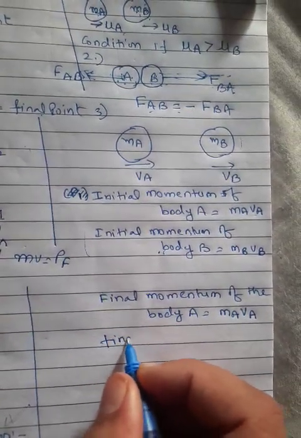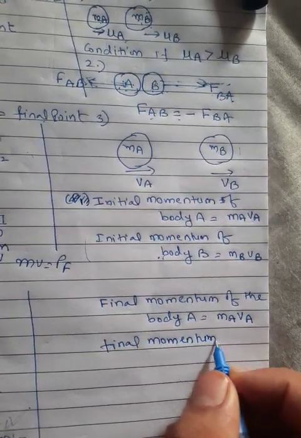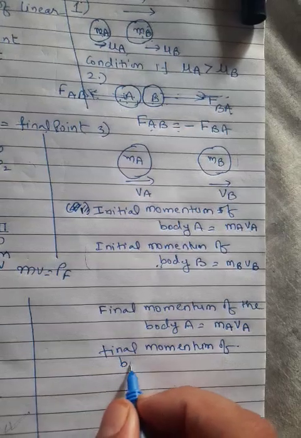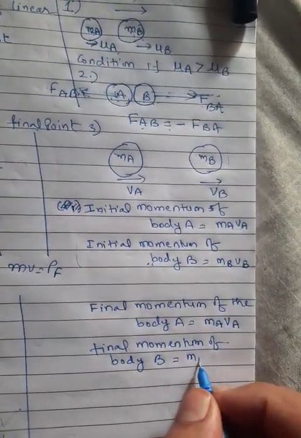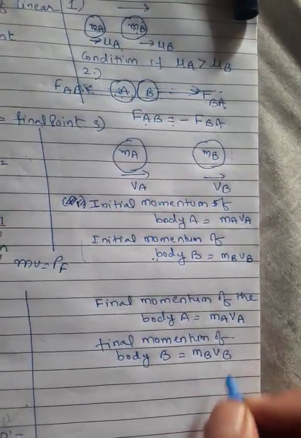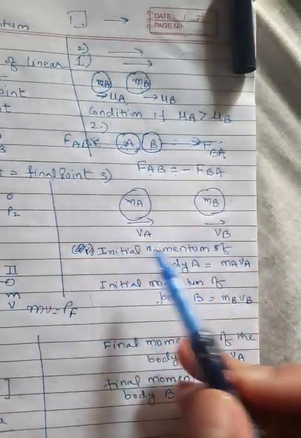Final momentum of body B, so we can say that is what? MB VB. Okay or not okay? So this is the configuration of first position.